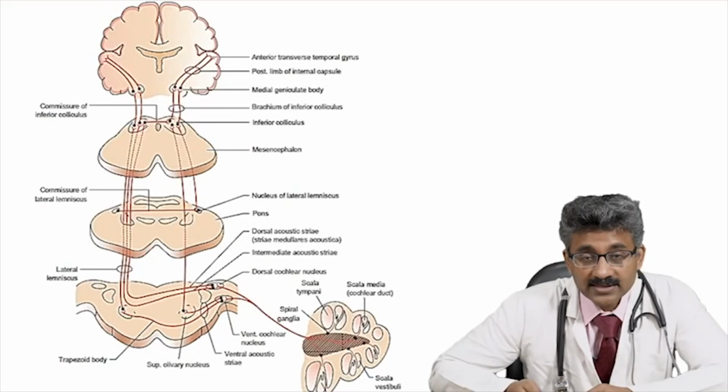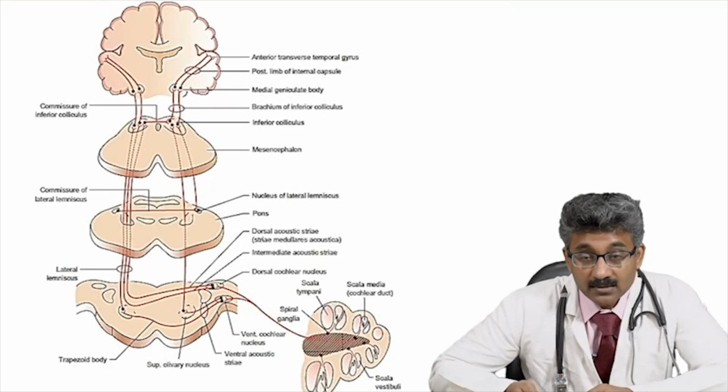I showed last time that the medial lemniscus carries fibers from nucleus gracilis and cuneatus; the lateral lemniscus carries the cochlear fibers. They go upwards and synapse in the inferior colliculus, and then project to the temporal lobe.